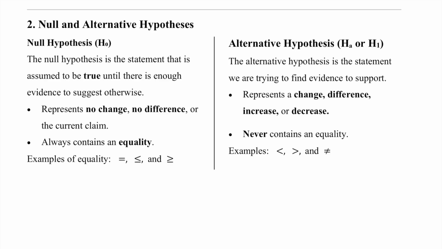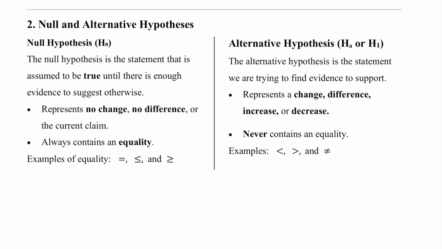The second is the alternative hypothesis, written as HA or H1. The alternative hypothesis is a statement we are trying to find evidence to support. It usually represents a change, difference, increase, or decrease.